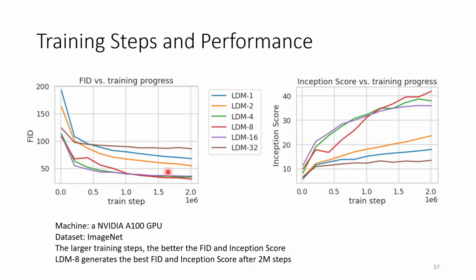So you can see a trend. If you use a very small scaling factor, your FID is not the best. If you slightly increase your scaling factor, you get better FID. But if you use a very large scaling factor, you get a bad FID again.